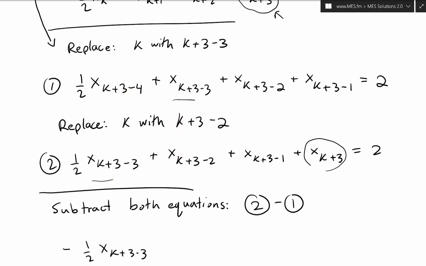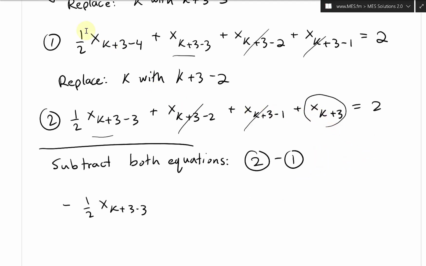And then the next one here, we have this k plus 3 minus 2. So this will cancel. Yeah, so that just cancels. And then the next one is right here, x_{k+3-1}. So we have one here. This also cancels. And then we're left with this right here, x_{k+3}.